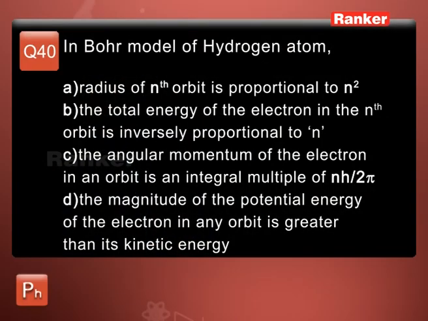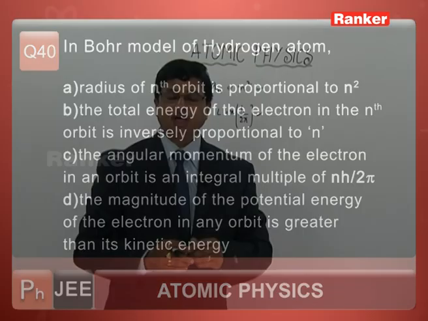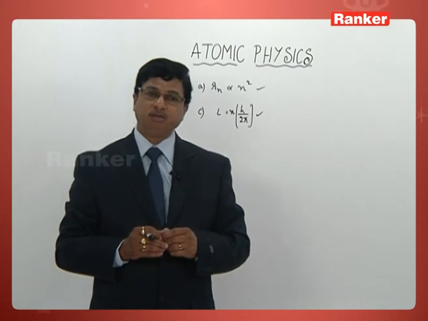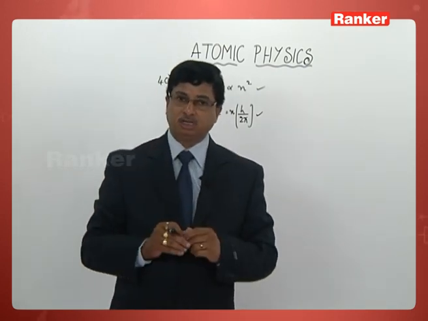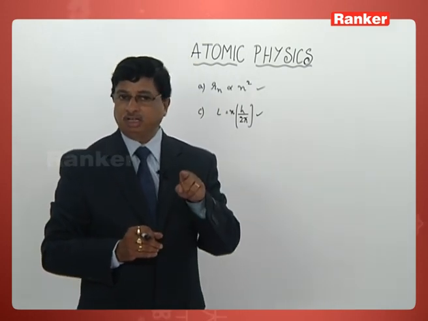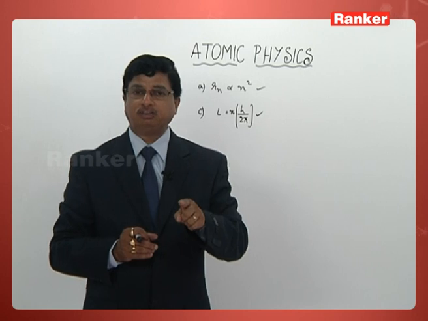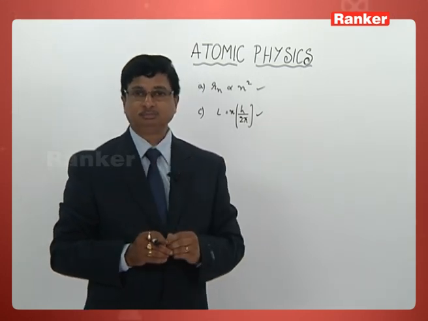The magnitude of potential energy of the electron in any of the orbits is greater than its kinetic energy. All of you should recollect once again, an electron revolving in a circular orbit has potential energy that is twice the kinetic energy, with a negative sign.